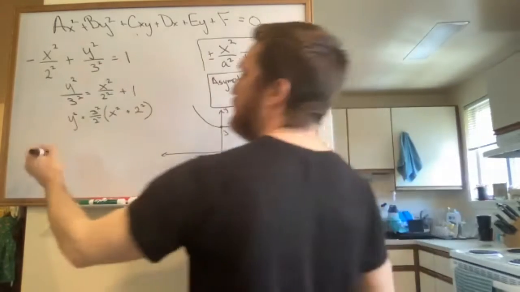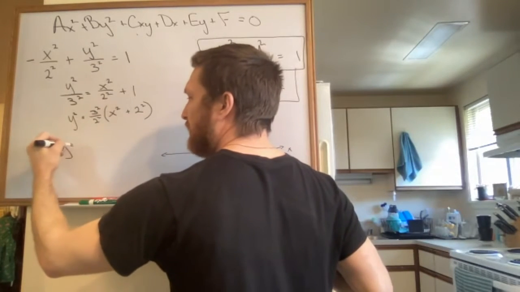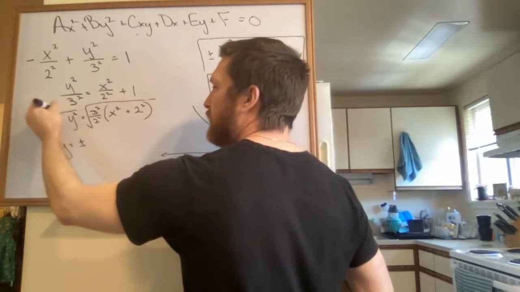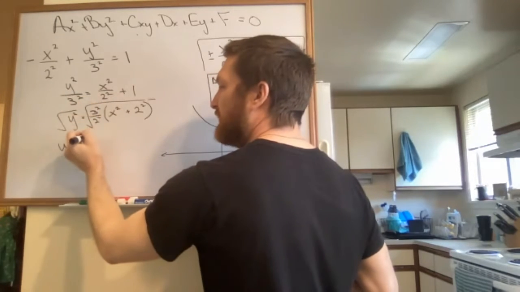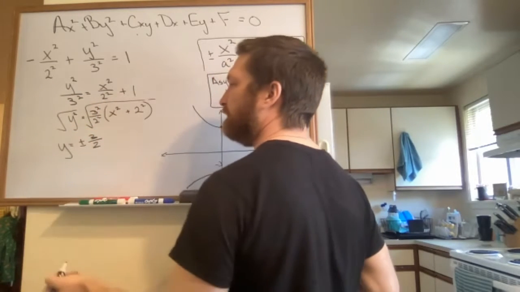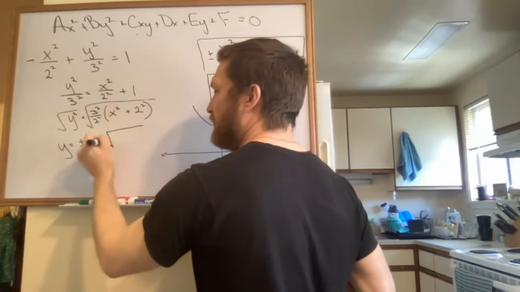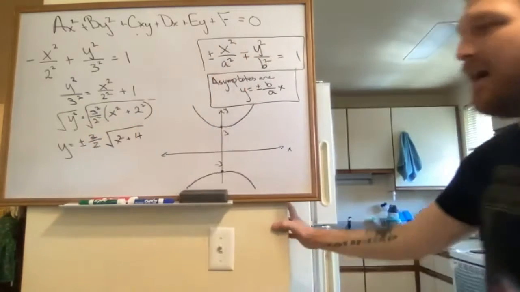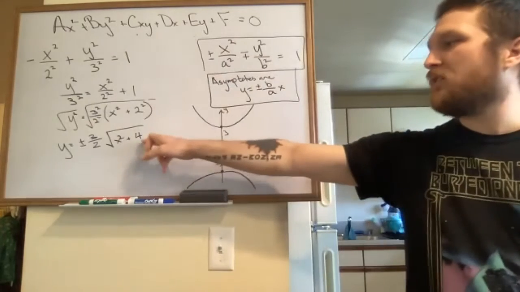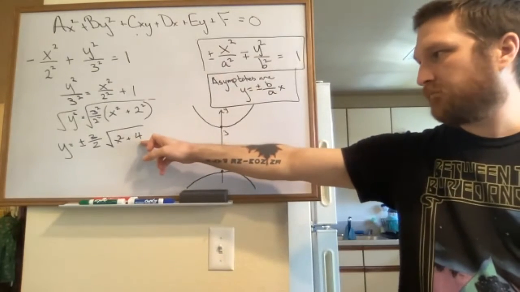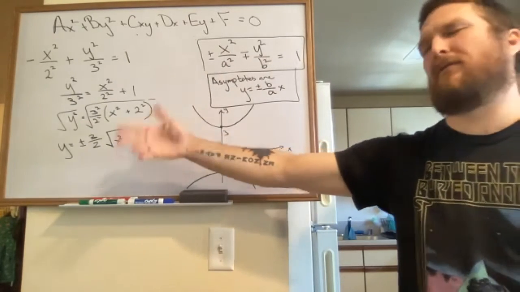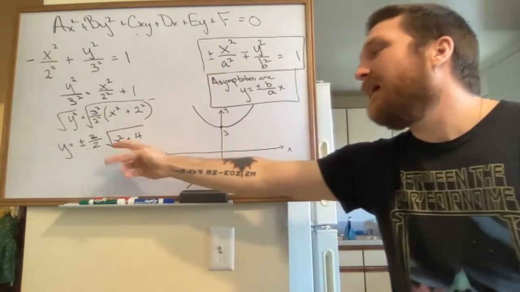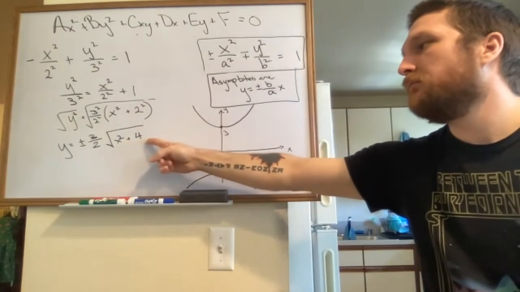And when I take a square root, I get a positive and a negative answer. Taking the square root pulls that guy out as 3/2 times the square root of x squared plus, we'll just write it as 4. And again, the idea is when x gets really, really big, it's way bigger than 4, right?